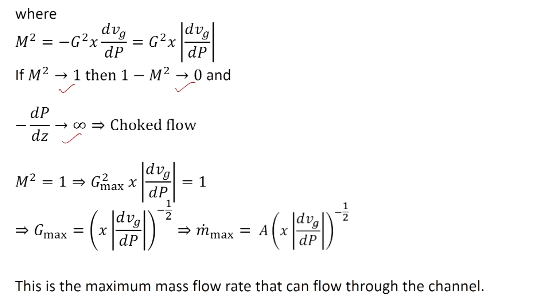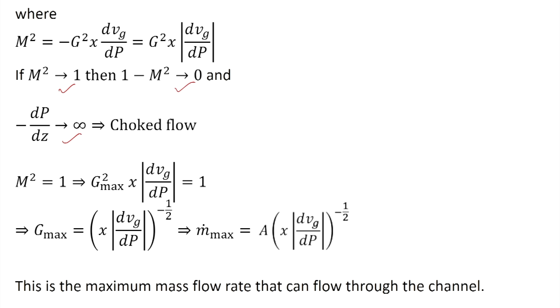This is called choked flow. You must be familiar with choking in compressible flow, compressible gas flow. So, something similar to that happens in two-phase flow also. There is some maximum flow rate that can go through a given channel, and you cannot make more than that flow through the channel. What is that maximum flow rate?